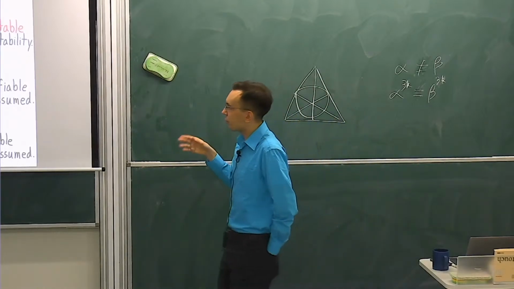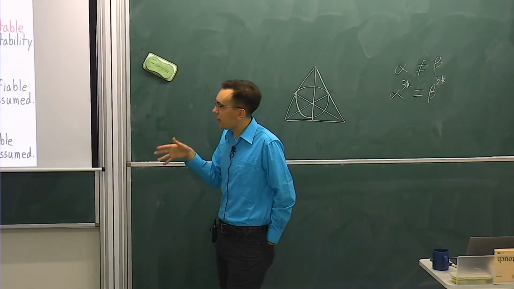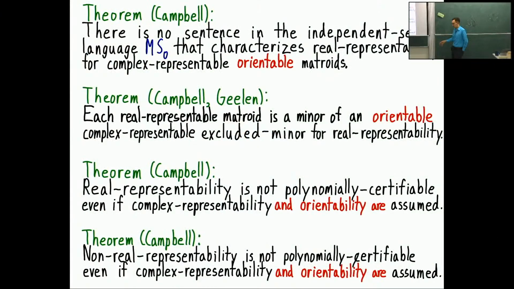Something I did not talk about is that there are orientations that don't have what's called a realization. So there are orientations that do not correspond to any real representation. I think U48 is what I meant.